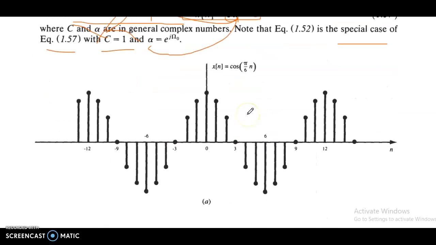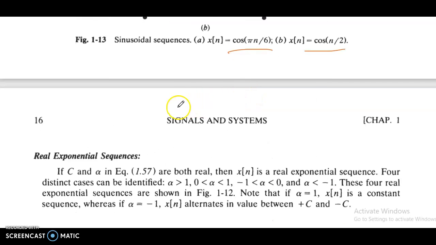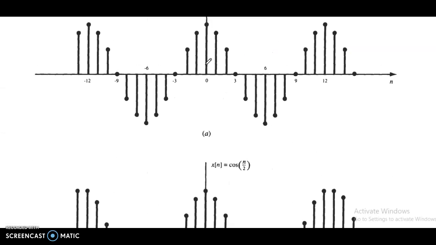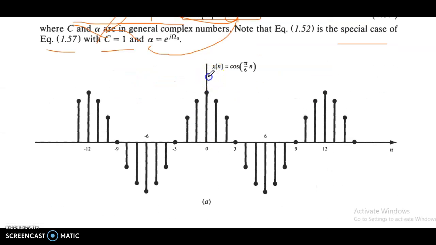Here, in the sinusoidal sequence a, x of n equals cos pi n divided by 6, that is, x of n equal to cos pi by 6 n.